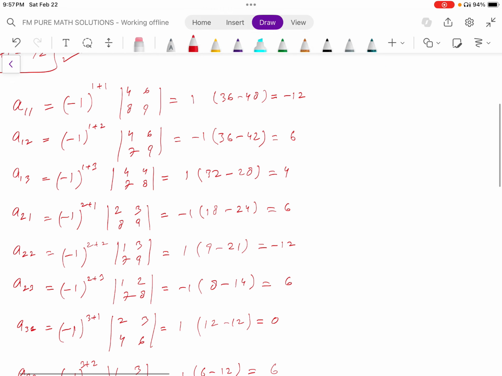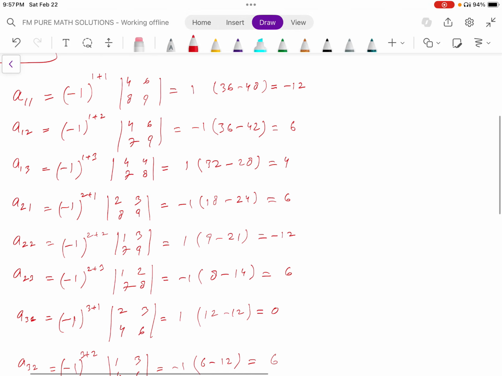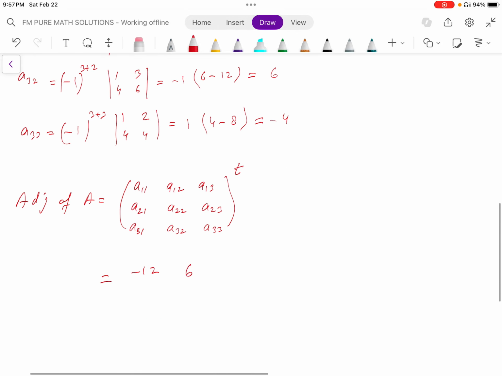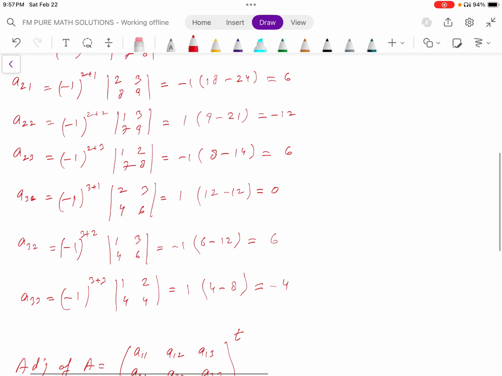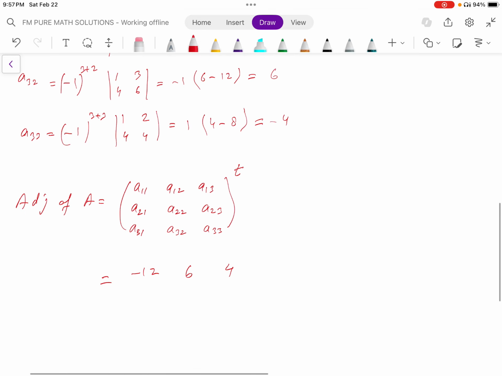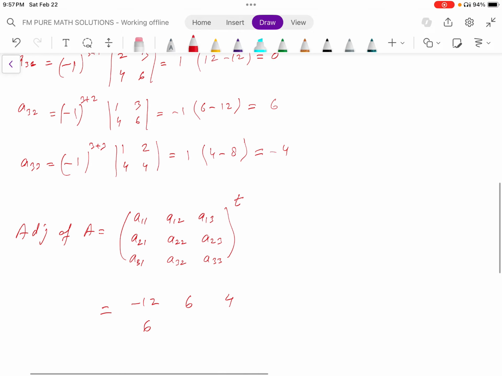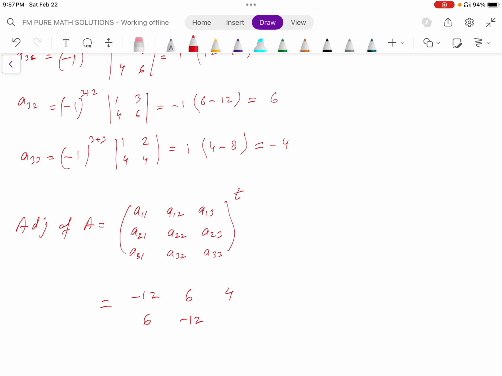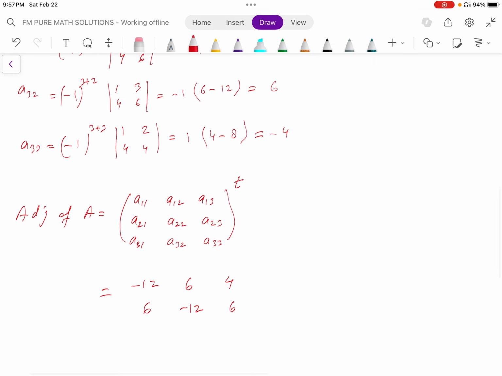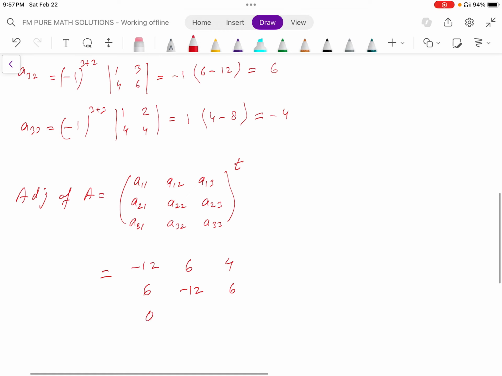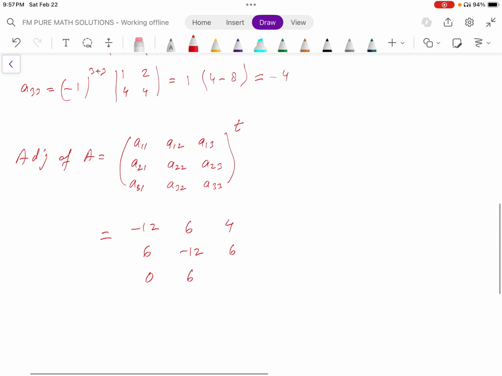A11 is minus 12, A12 is 6, A13 is 4, A21 is 6, A22 is minus 12, A23 is 6 again, A31 is 0, A32 is 6, A33 is minus 4.